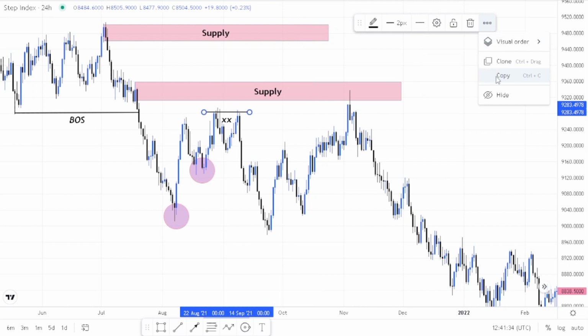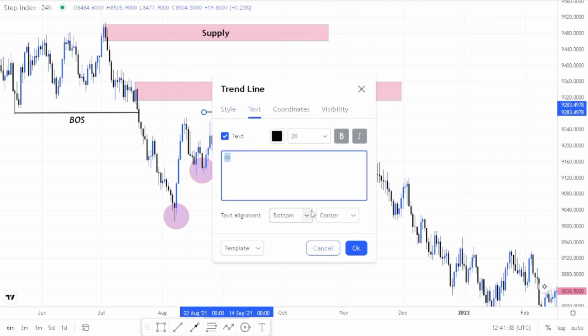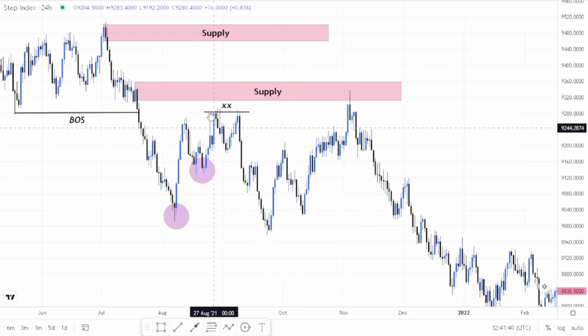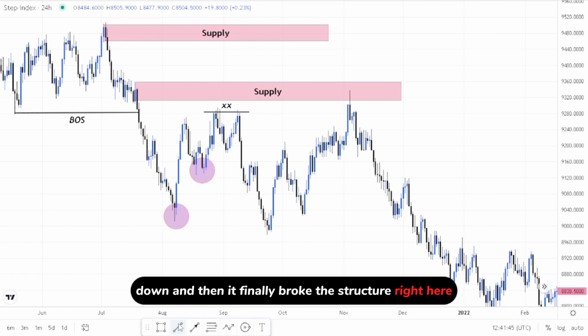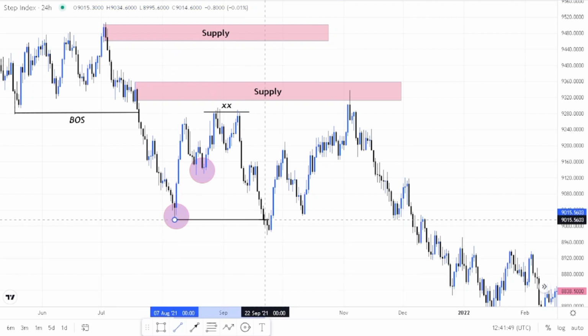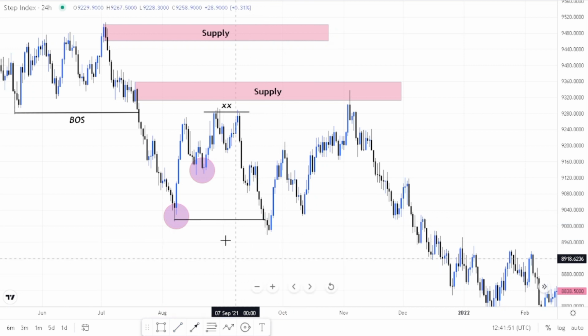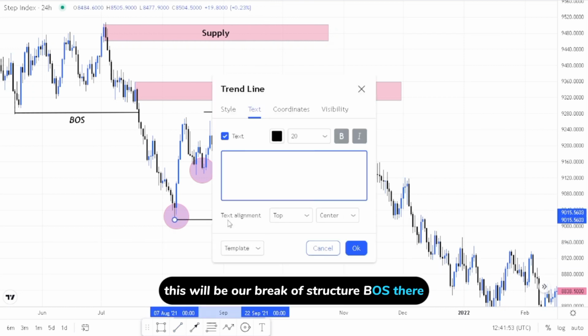Like this. Then it went back down, and then it finally broke the structure right here, right? This will be our break of structure, BOS, right?